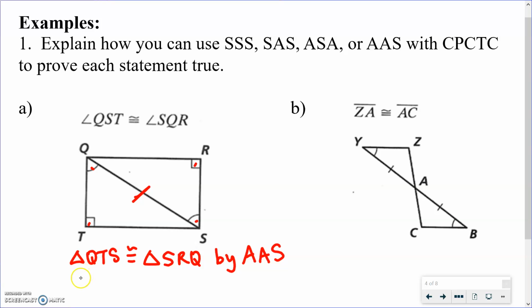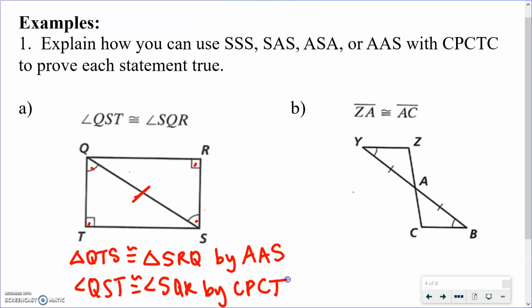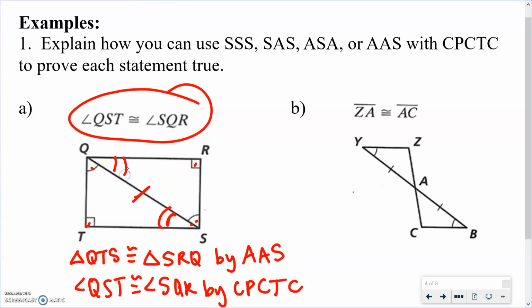Then we can also make this statement that angle QST is congruent to angle SQR by CPCTC, because that's what we were asked. But those angles are not labeled. QST, so this angle right here, we can now say is congruent to this angle here because we know that those two triangles are congruent by angle, side congruence.